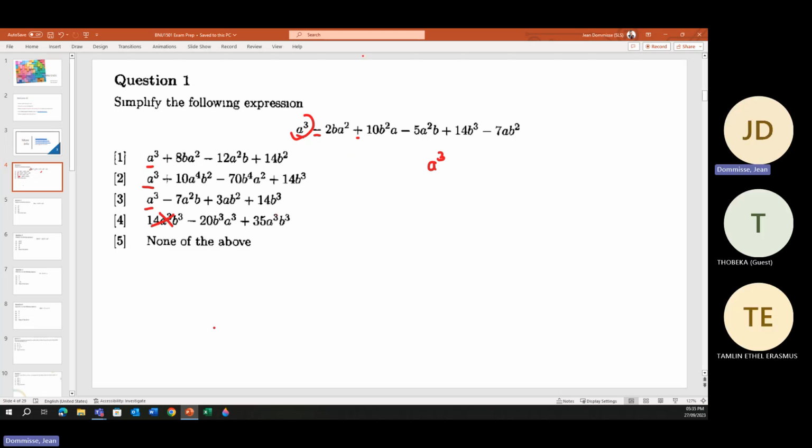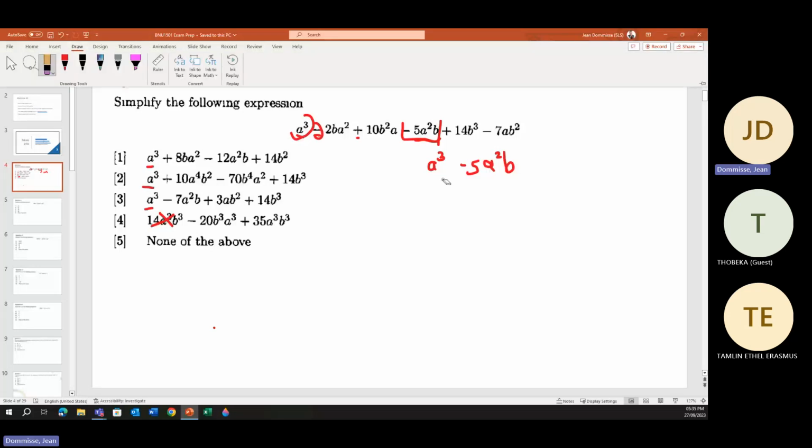The next step is to group all the a squared terms with a b together. So all the a squared b terms, there's minus 5 of them there. Then a squared b, another minus 2.